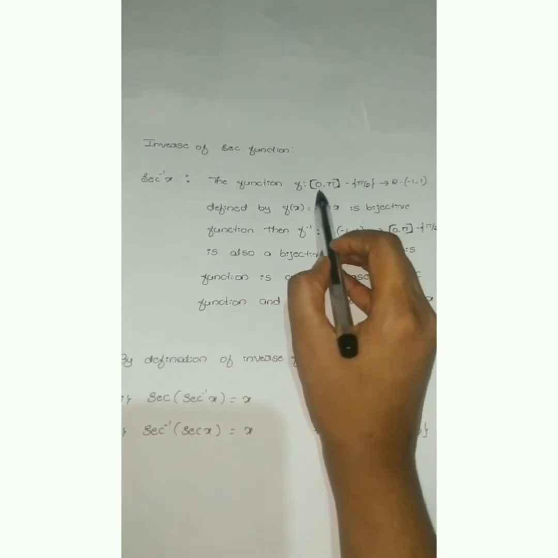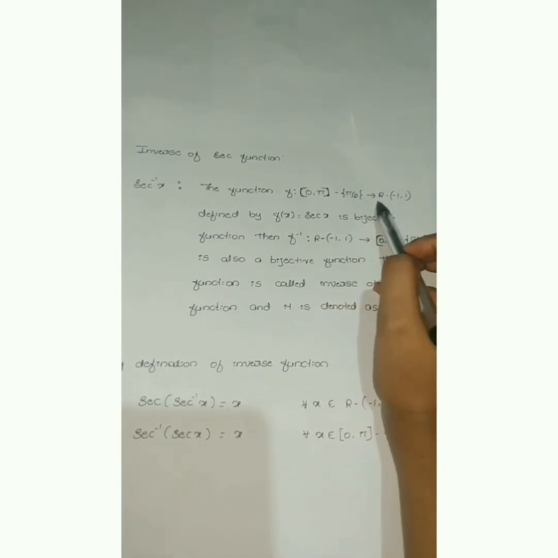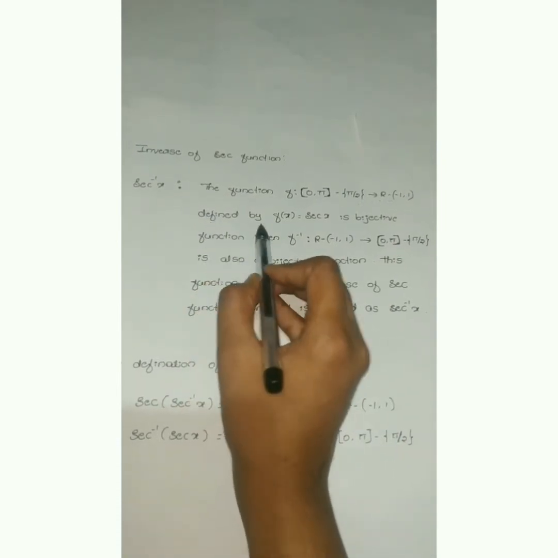And the definition of the inverse of the secant function. Inverse of sec function, sec inverse x: the function f is a mapping from the closed interval 0 to pi except pi by 2 value to all real numbers except the open interval minus 1 to 1, defined by f of x equal to sec x, is a bijective function.